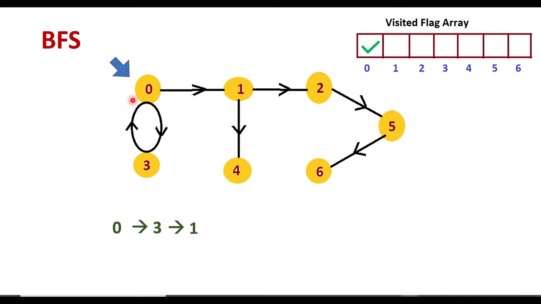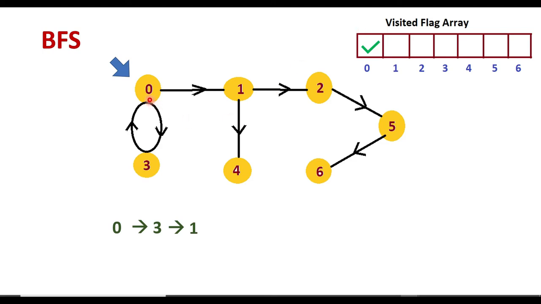Apart from 0 I can't go anywhere else. But as 0 is already visited, its position in the visited flag array is tick marked, that means I will not take 0 into my count. This is also the use case for why the visited flag array is maintained.